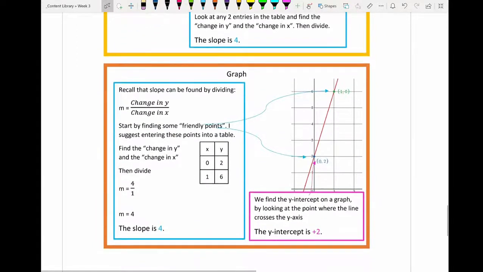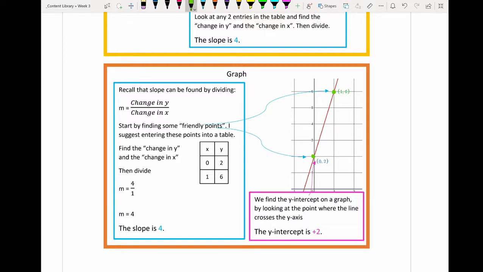In our graph, so if we're given a graph, remember that the slope can be found by dividing change in y by change in x. So here we want to start by finding some friendly points. And so again, the friendly points we've talked about are points that fall nicely on our grid lines, or ones where we can find the exact values of.